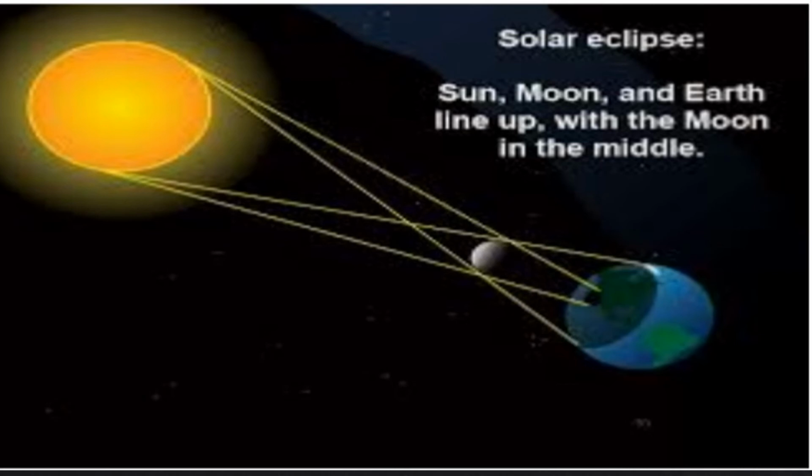Such alignment coincides with a new moon, indicating the moon is closest to the ecliptic plane. In a total eclipse, the disk of the sun is fully obscured by the moon. In partial or annular eclipses, only part of the sun is obscured.